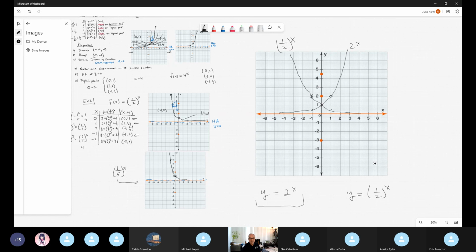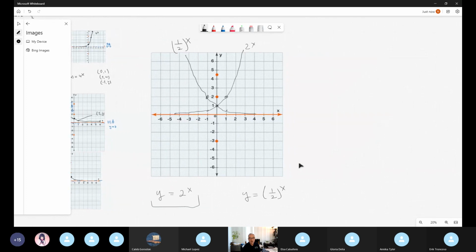The reason is that one way to see it is, I know very well that 1/2 is 2 to the minus 1, the reciprocal, right? So if you replace it here, we have (2^-1)^x. And you remember the property of exponents: exponents at different levels multiply each other.